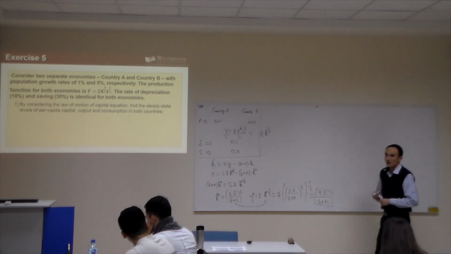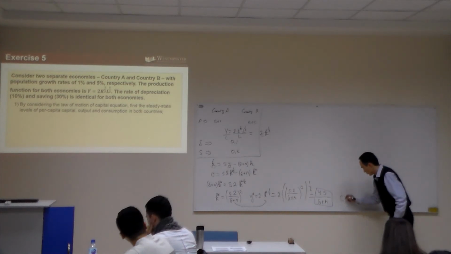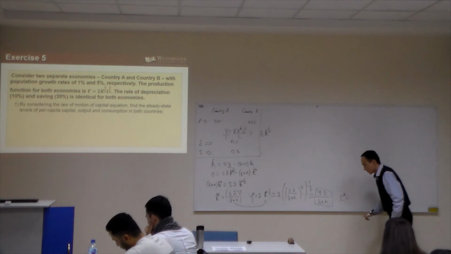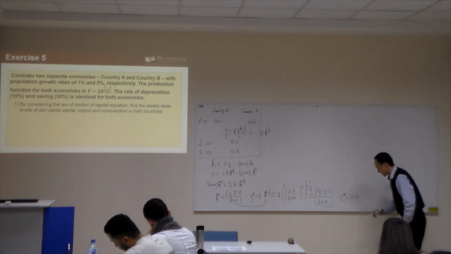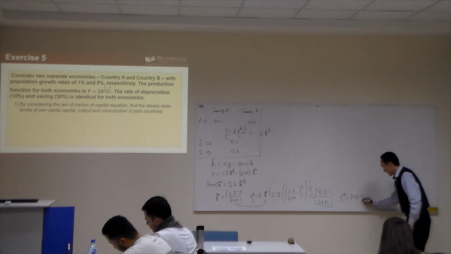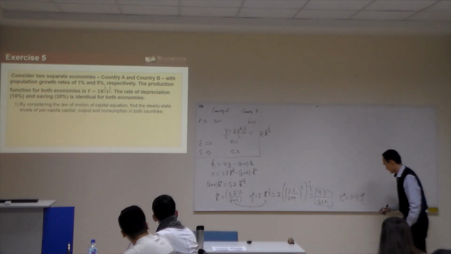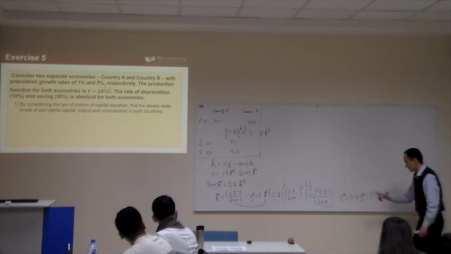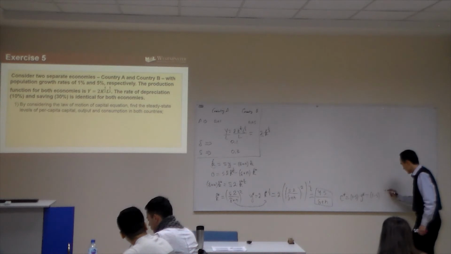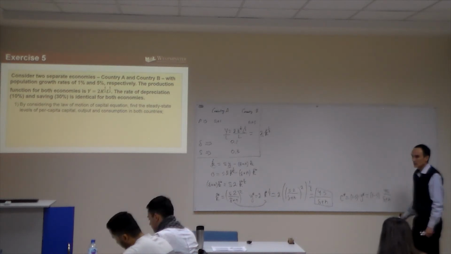If you find per capita consumption in steady state level, it is equal to 1 minus saving rate times per capita output in steady state level, which we already found, yes, which is equal to 1 minus saving rate times 4 times saving rate over depreciation plus growth in population.